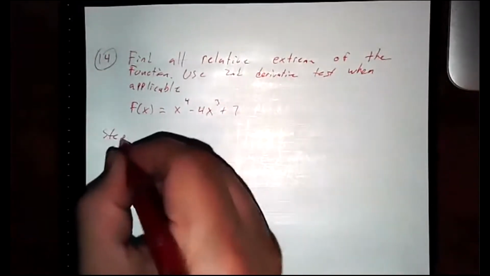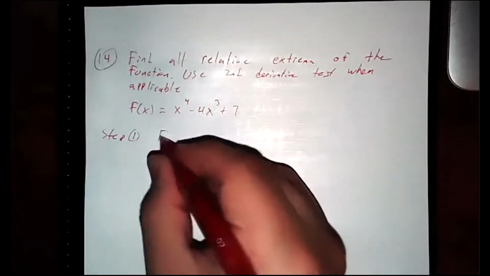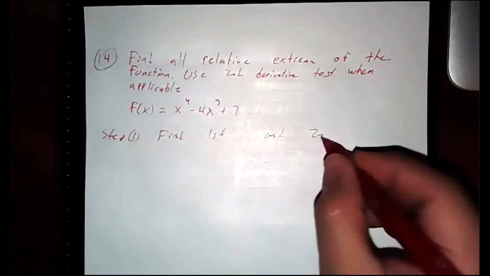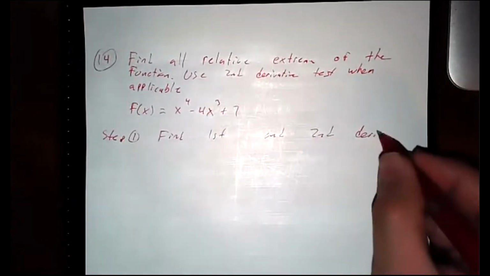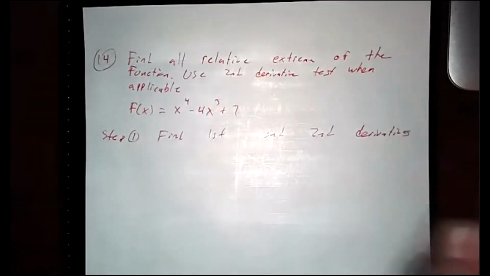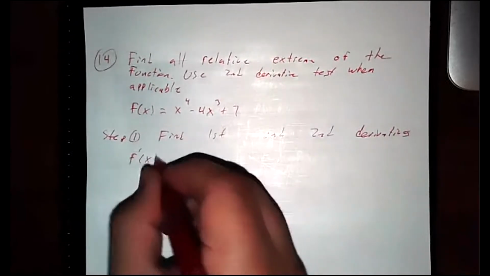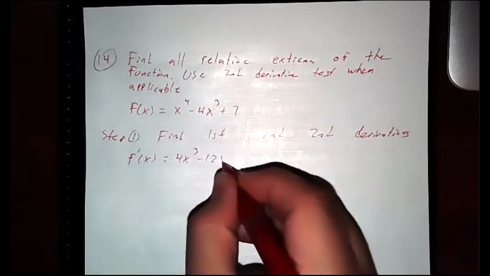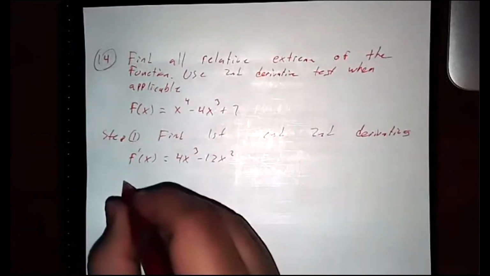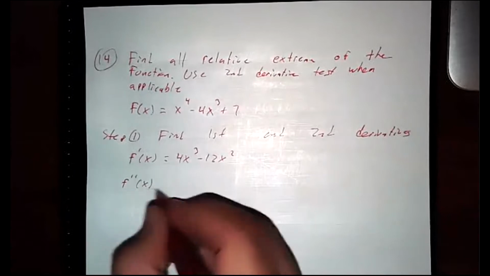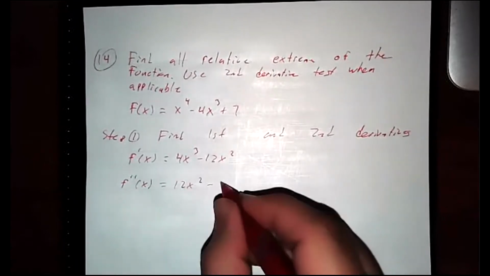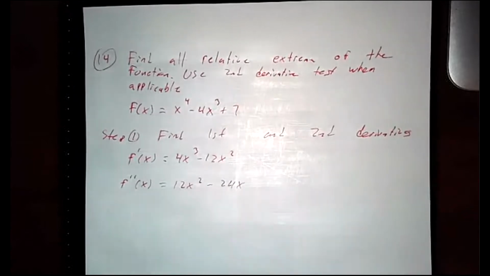All right, so step 1, find the first and second derivatives. So f prime of x is 4x cubed minus 12x squared. The second derivative would be 12x squared minus 24x, right? Is that correct?